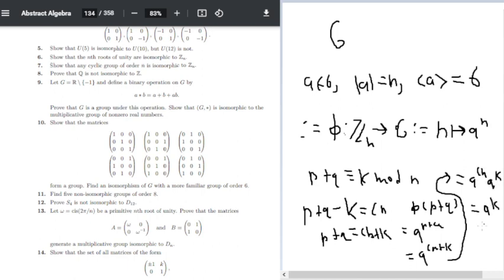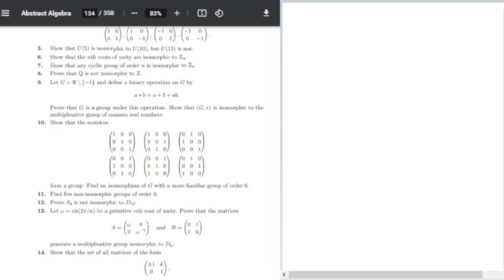So it respects the group operation in this case. And it again is a characterization, kind of like the infinite case. It's a characterization of all cyclic groups, or all finite cyclic groups.